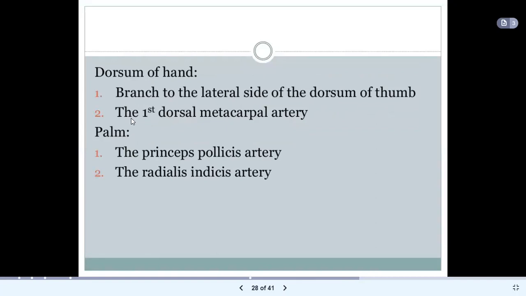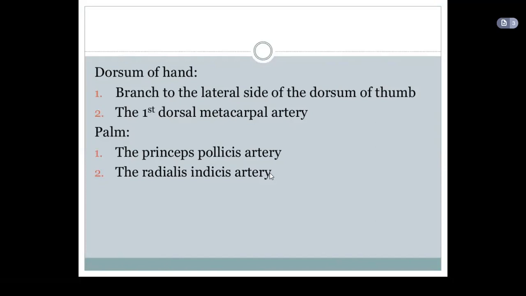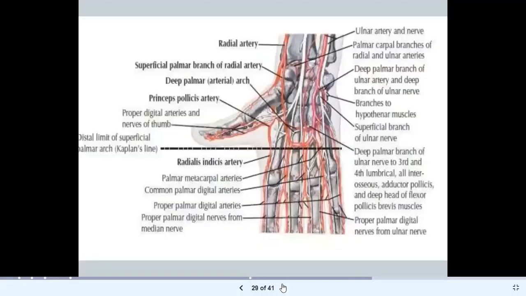And then we'll have the first dorsal metacarpal artery. And then in the palm, it will supply the pollicis muscle. So we'll have the princeps pollicis artery and the radialis indicis artery, supplying the palm. So these are smaller end branches of the radial artery.